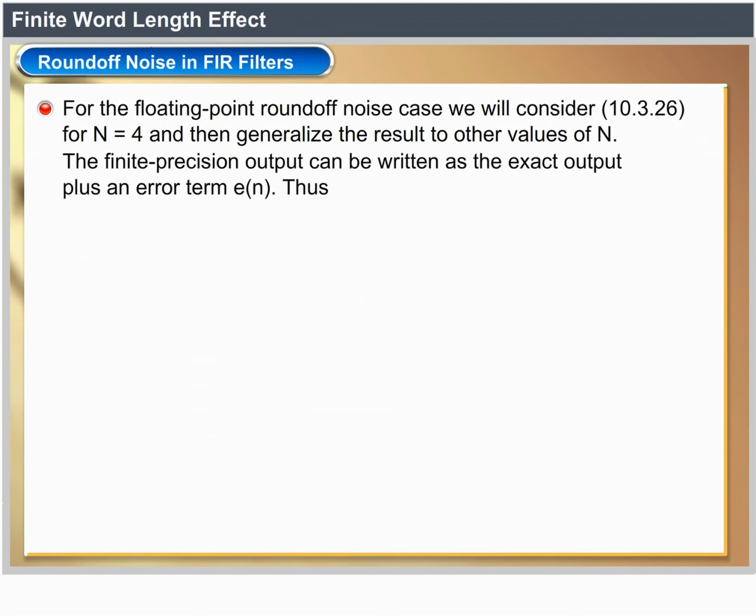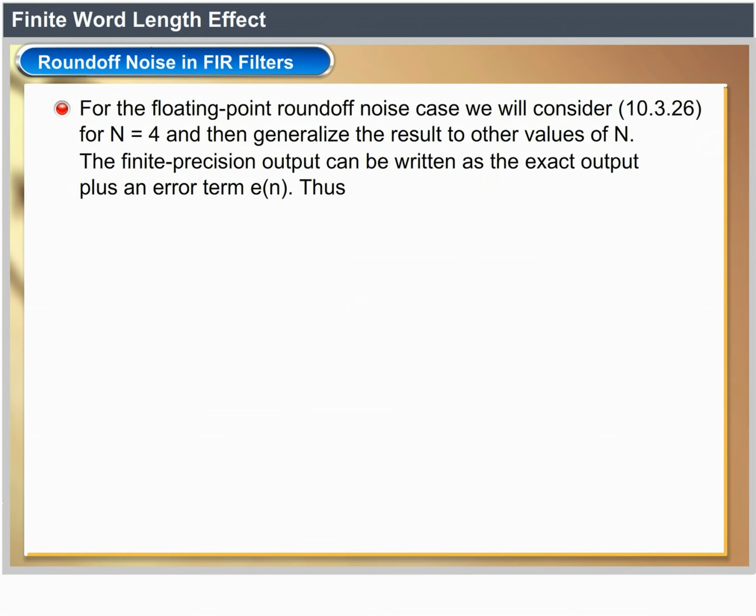For the floating point round off noise case, we will consider 10.3.26 for N equal to 4 and then generalize the result to other values of N. The finite precision output can be written as the exact output plus an error term e of n.